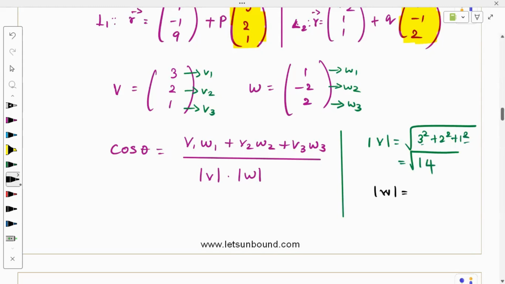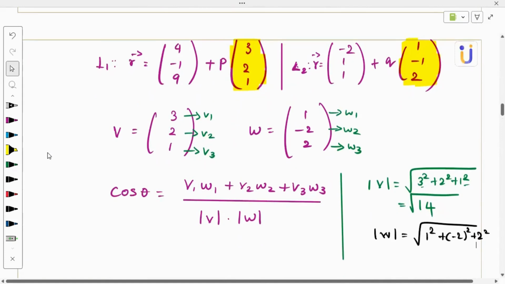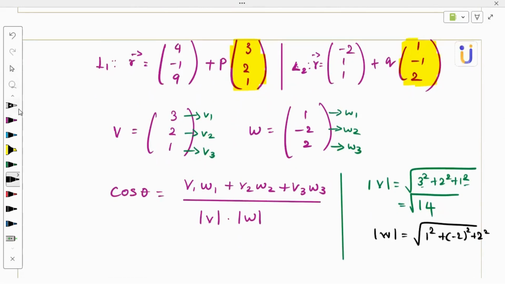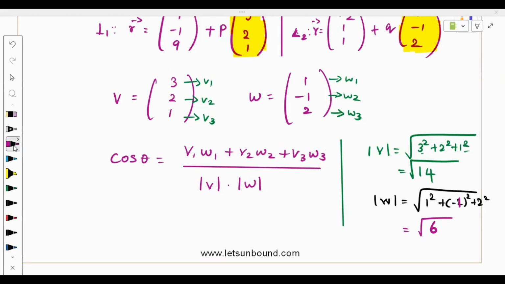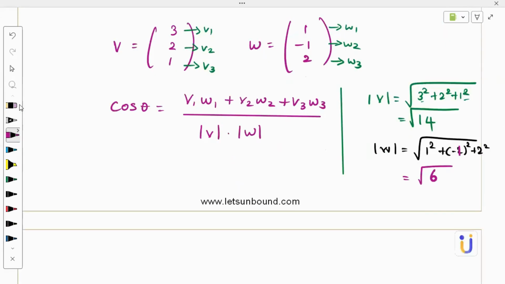Same process: 1 square plus minus 1 square plus 2 square. I made a mistake when copying it; it is minus 1. So 1 plus 1 plus 4, square root of 6. So we got it, and the dot product is the only thing pending over here.